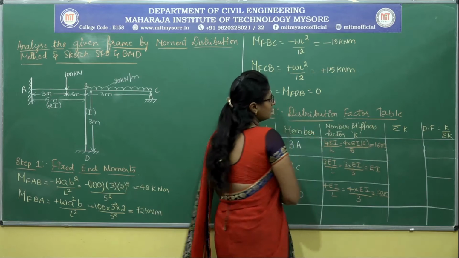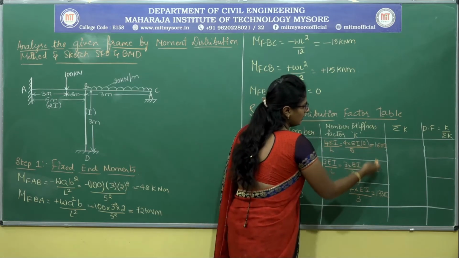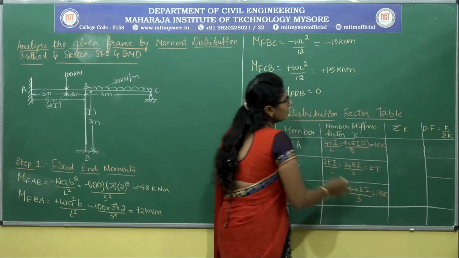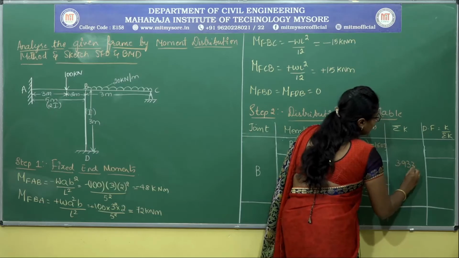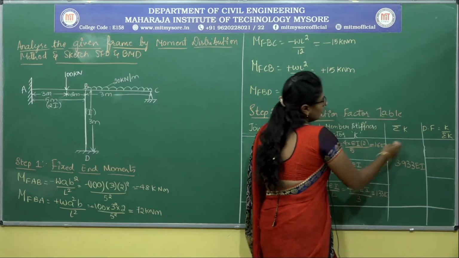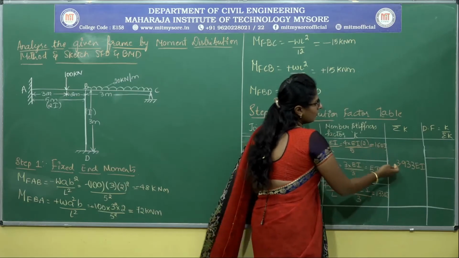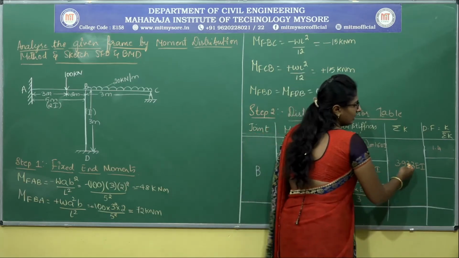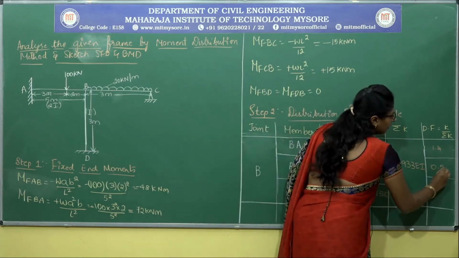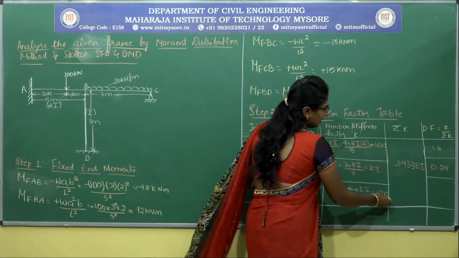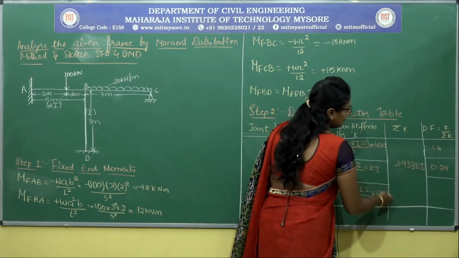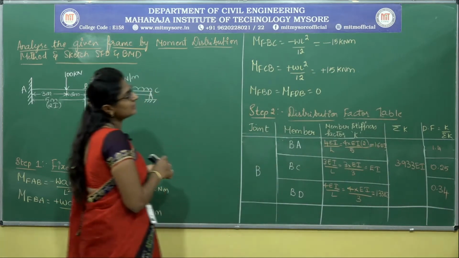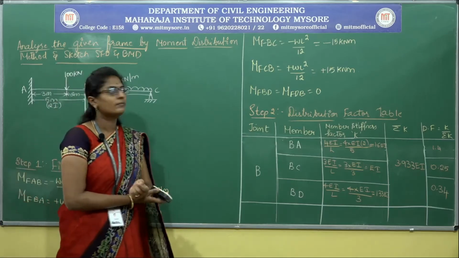So the summation of all the stiffness is 1.6 EI plus 1, it is 2.6 EI plus 1.33, will give you 3.933 EI. Then for distribution factor, 1.6 divided by 3.933, it is 0.4. Then 1 divided by 3.933 will give you 0.25. Then 1.33 EI divided by 3.933 EI will give you 0.34. So now by using these distribution factors, we can calculate the final end moments.